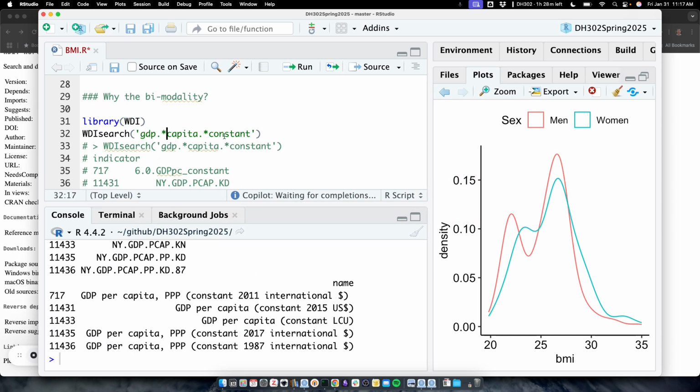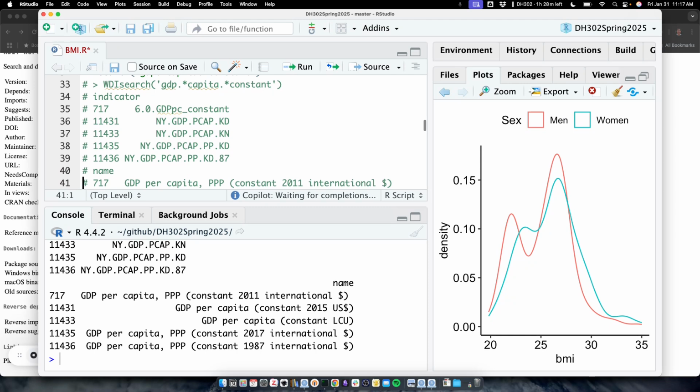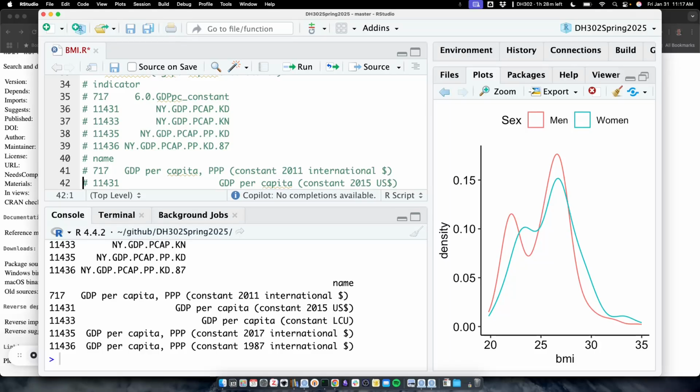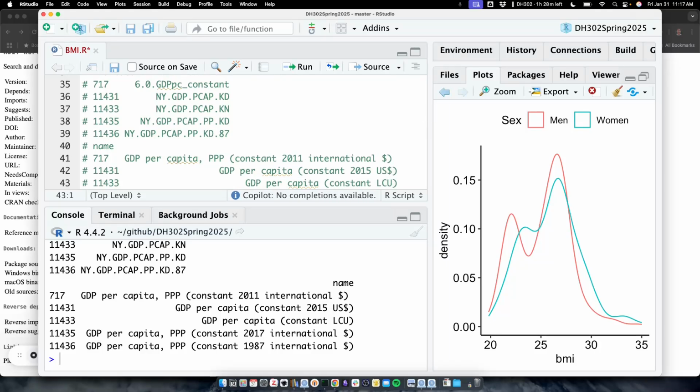First, I was interested in whether there are indexes for GDP per capita, and there are multiple stored. There is GDP per capita PPP, which is the purchasing power parity adjustment. We'll not discuss this in this class, but it basically allows you to compare one nation's currency with another's, adjusting for inflation and other factors, particularly purchasing power. For this class, you can assume you have a number which quantifies, on average, the GDP for each country, adjusted for other factors.